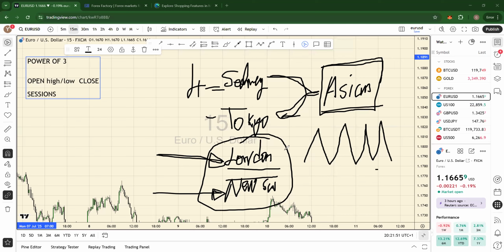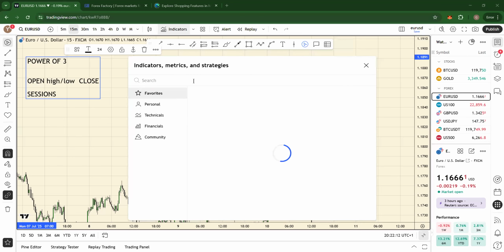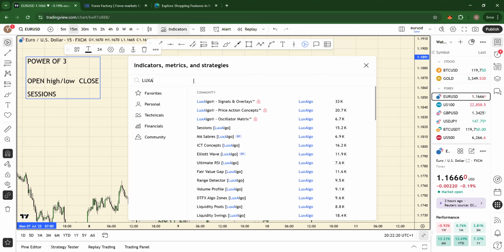Now, I'm going to pull up an indicator, let me just bring that to you guys, which is Luxalgo Sessions. If you are using TradingView, you can get this indicator, called the Luxalgo Sessions.